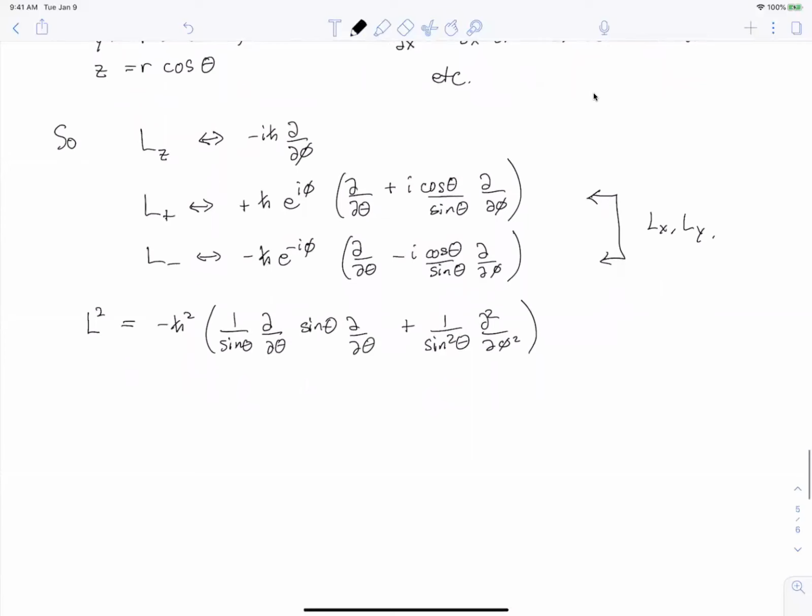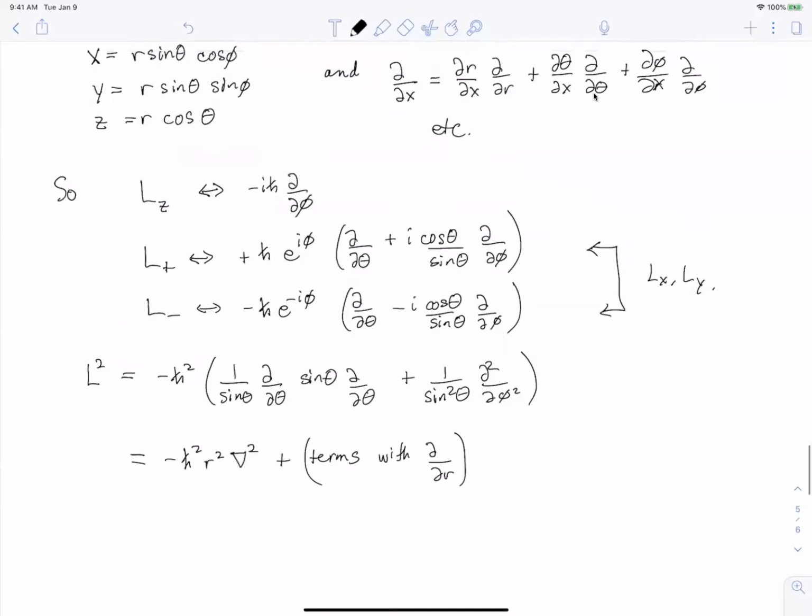For future reference, it's going to be very useful that this is actually equal to minus h bar squared r squared times the Laplacian operator, plus terms that we'll worry about later that only involve r derivatives.